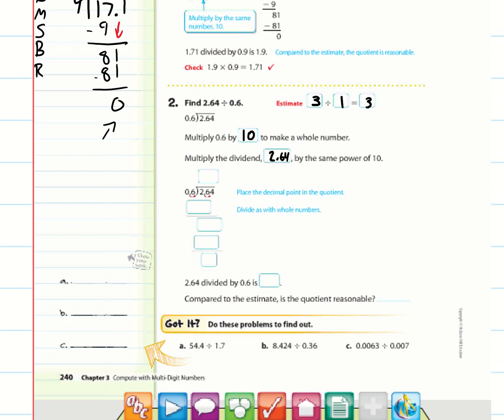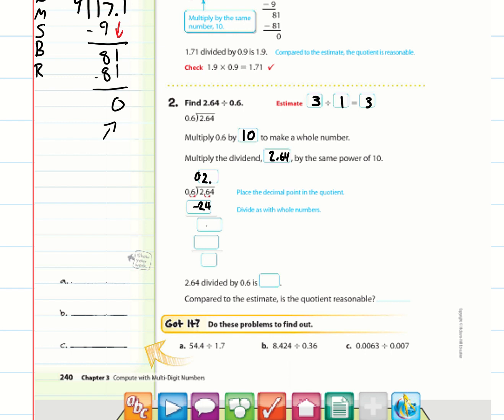So we're going to go ahead, and the 6/10 changes into a 6, and then the 2 and 64 hundredths turns into 26 and 4/10. So the decimal place is going to be here. 6 goes into 2 0 times. It's not a very clear 0. This is a little bit small. So that goes in there 0 times. 6 goes into 26 twice. 2 times 6 is 24.